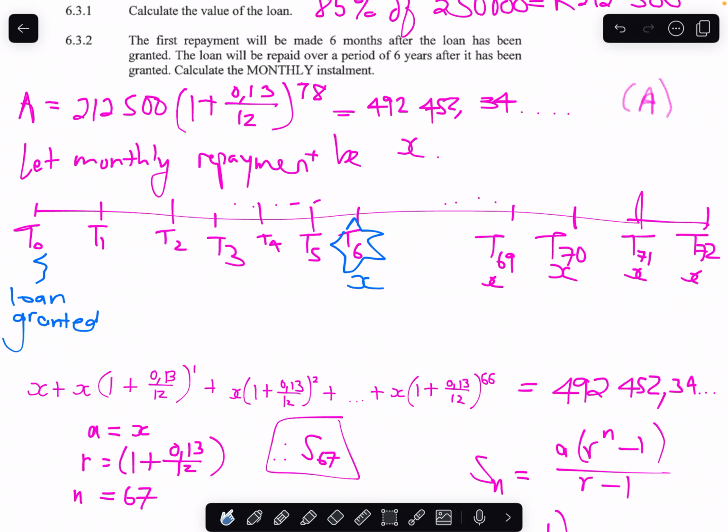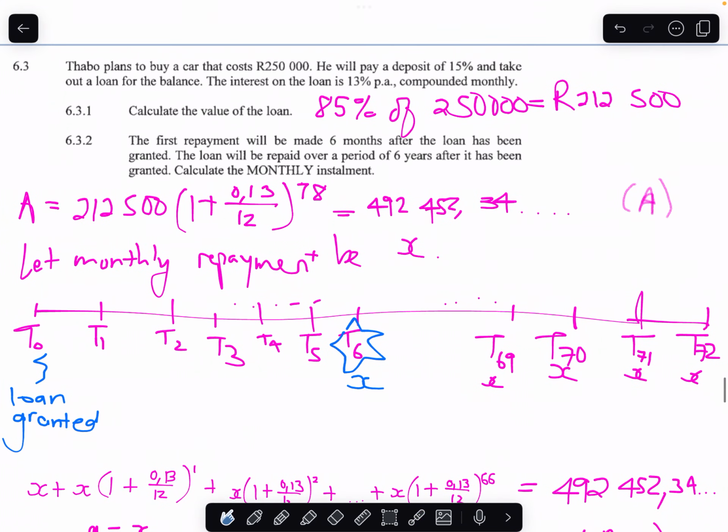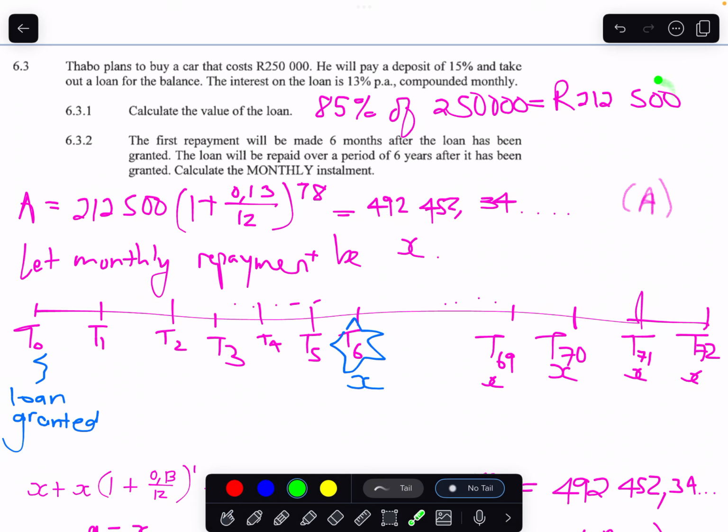What they've done is take this loan amount and grow it for 5 months. For me, that is okay. This is where the loan is granted, so if it grows for 5 months, 1, 2, 3, 4, that puts us here. They figured out that at this point the value of the loan will be 224,000 Rand and some cents.